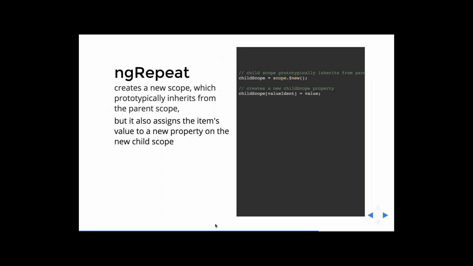Then the same behavior happens with ngController, ngSwitch, and ngView. ngRepeat is a little bit different because it creates a new scope and a new item with a value from the array.